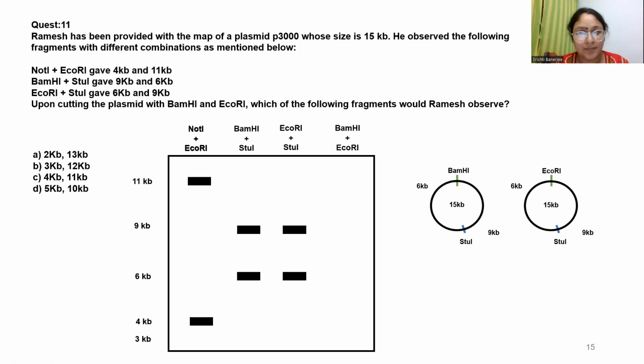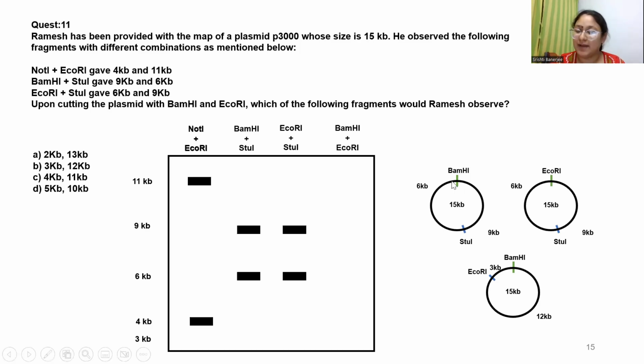So if we are using a combination of BamH1 and EcoR1, they will have a 6 plus 6, 12 kb fragment for sure. Let's see here why. BamH1 and EcoR1 are here, so it's cutting here. Suppose BamH1 has one cut site, it will just cut in one place, but you have EcoR1 with it also. So it is a 12 kb, 6 plus 6.